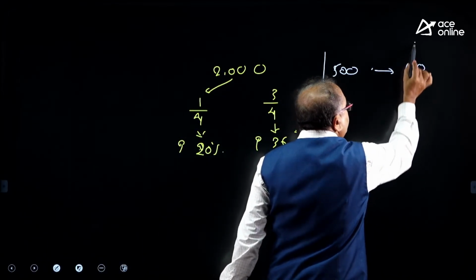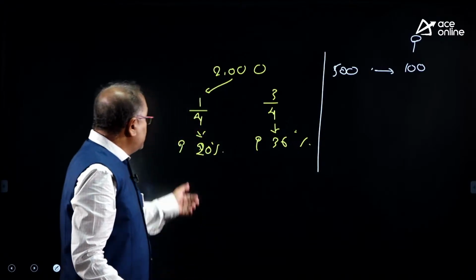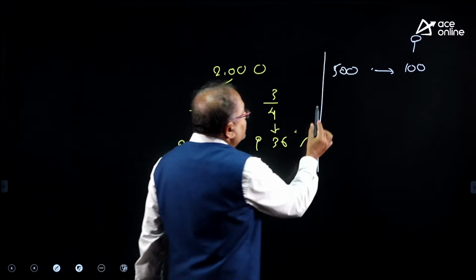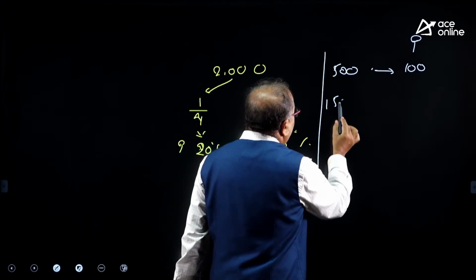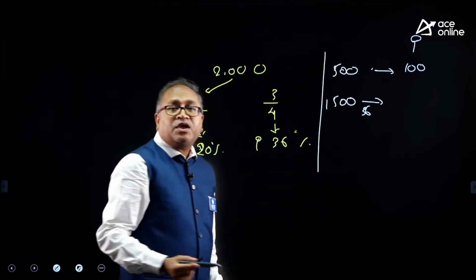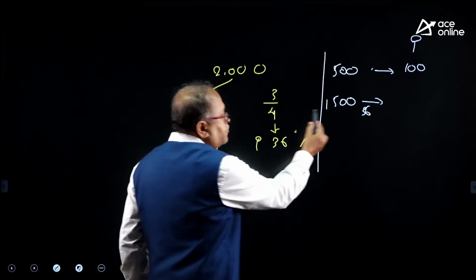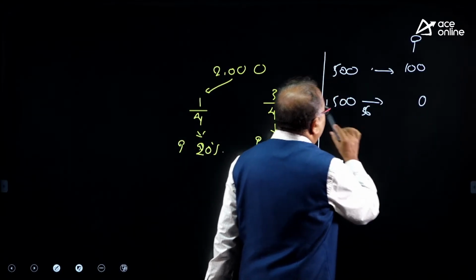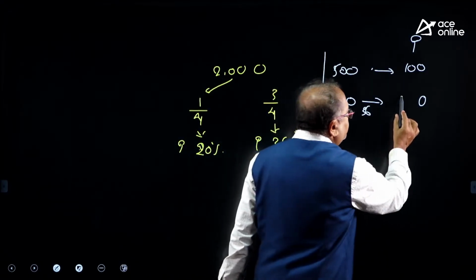On the remaining one, that is 1500, he makes a profit of 36%. So, how much is that profit? 15 times 6 is 90, carry 9, and 15 times 3 is 45, 54.